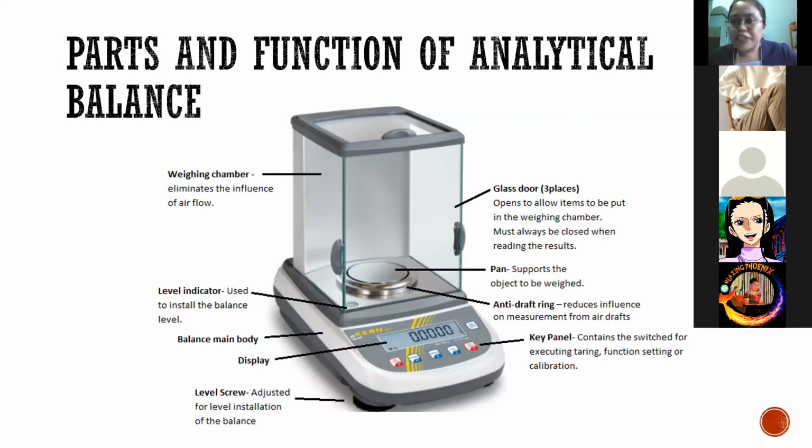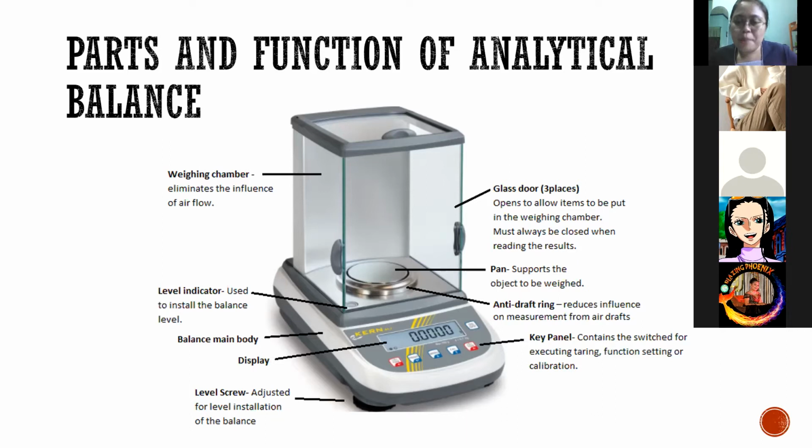But when you read the results, you really have to close the doors, again to eliminate the influence of the airflow, because it can cause variation or error in the readings. If you don't close them, you'll see the reading is not stable and keeps fluctuating on the display because of the airflow.